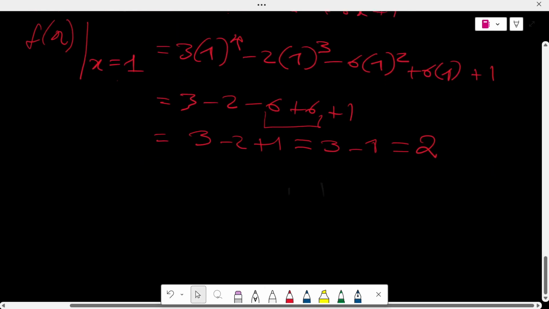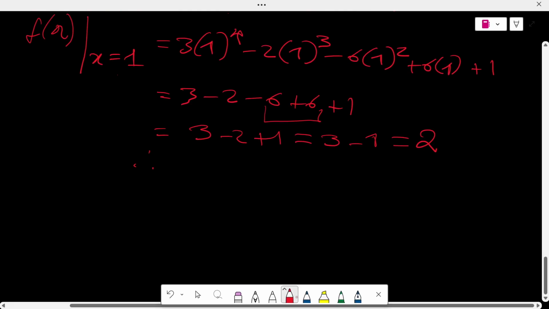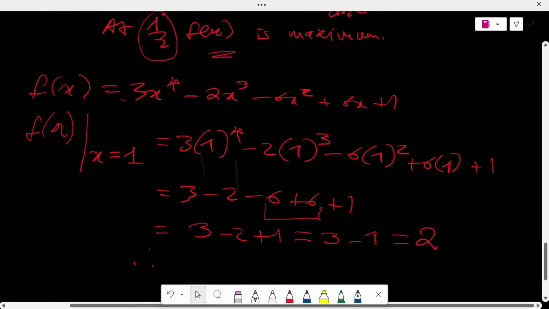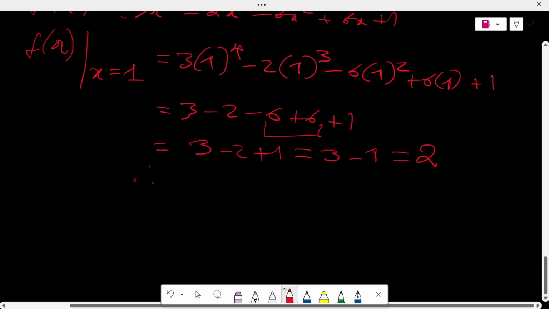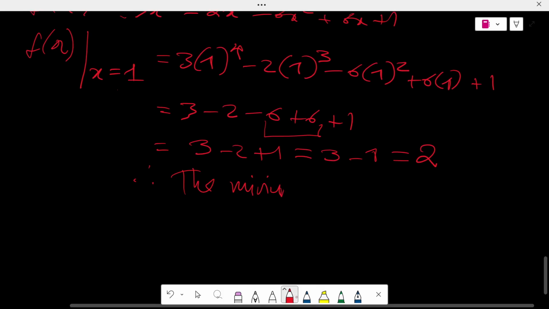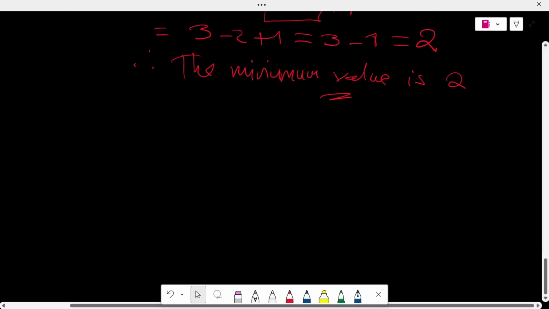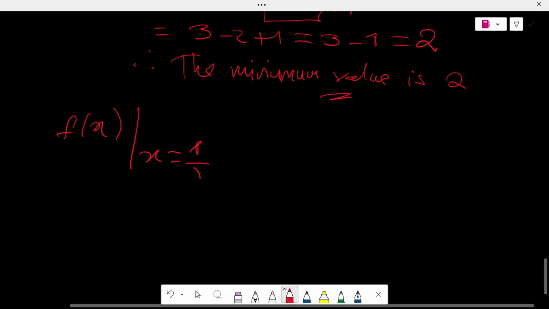So therefore, since at 1 the function is a minimum, the minimum value is 2. Then we go to find the maximum value, which is at half.